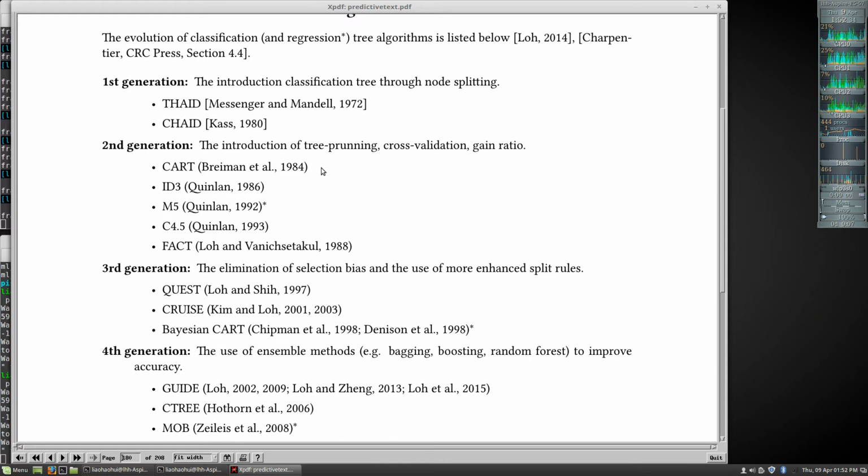The R software actually uses two packages, tree and rpart, which stands for recursive partitioning, and it uses the algorithm from CART, which stands for classification and regression trees. There are also various others. C4.5 seems to be an improvement of ID3, which is not actually mentioned here.